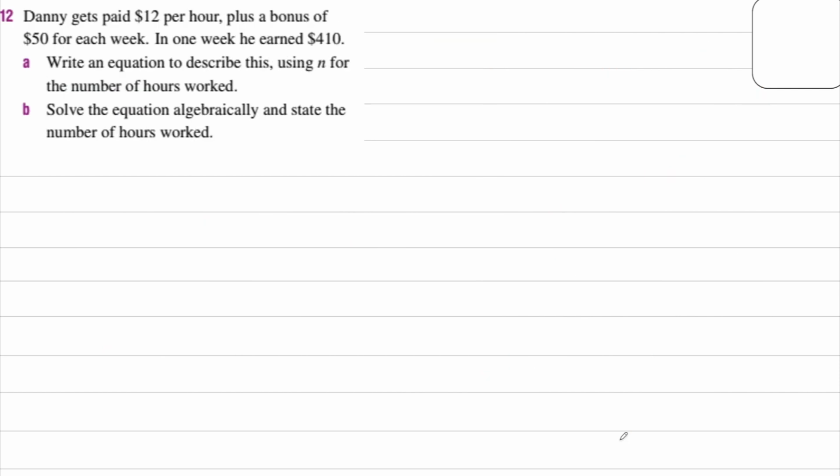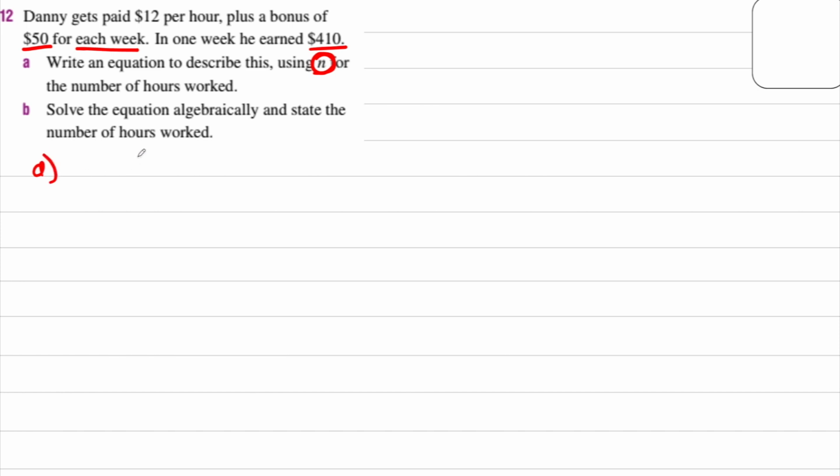Question 12, another word problem. Danny gets paid $12 per hour plus a bonus of $50 for each week. One week he earned this amount. Write out the equation, using n for the number of hours worked.